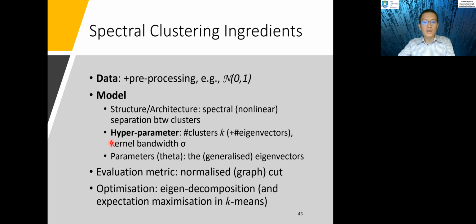To construct the similarity graph, we also need to determine the kernel bandwidth sigma. What we are learning, the parameters, are the generalized eigenvectors. Here, what we are trying to optimize is to minimize the normalized cut. The optimization is still closed form through generalized eigendecomposition. We also use expectation maximization in k-means if we want a k-way partition into more than two clusters.